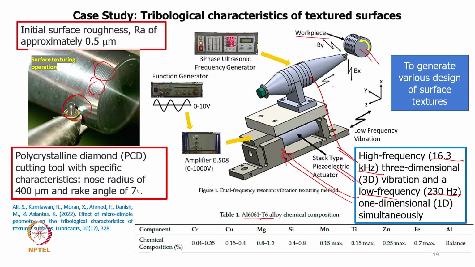They tried aluminum alloy against steel, and the texture and the overall chemical composition have been shown. We are picking this up from a published paper, effect of the micro dimple geometry on tribological characteristics of the textured surface, which was published in 2020.